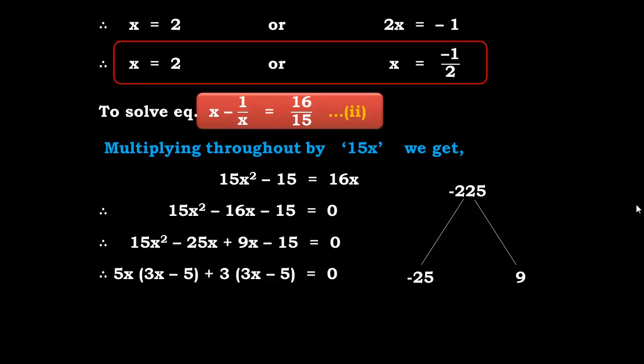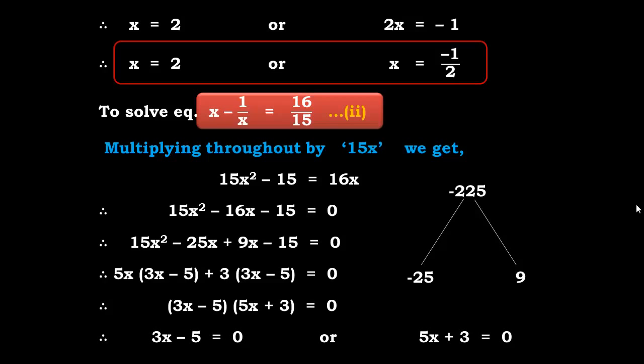Again in the bracket we will have 3x minus 5. Now 3x minus 5 into 5x plus 3 is equal to 0. Therefore 3x minus 5 is equal to 0 or 5x plus 3 is equal to 0. Therefore 3x is equal to 5 or 5x is equal to minus 3. Therefore, x is equal to 5 upon 3 or x is equal to minus 3 upon 5.